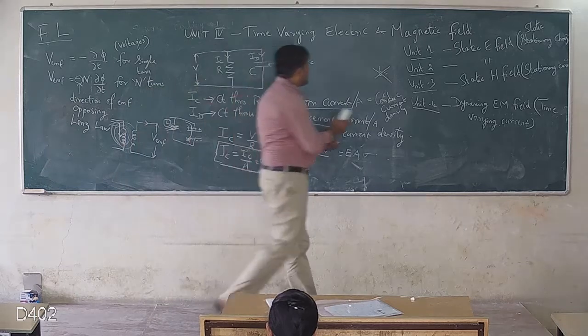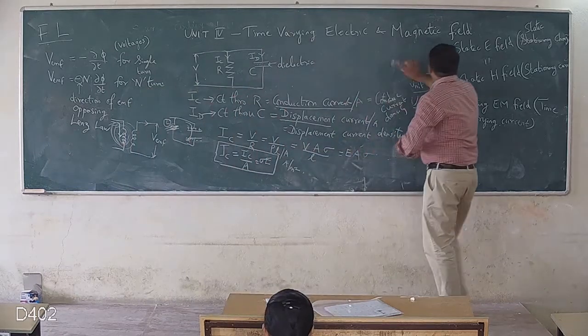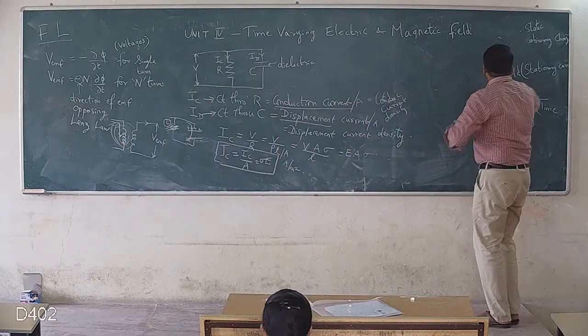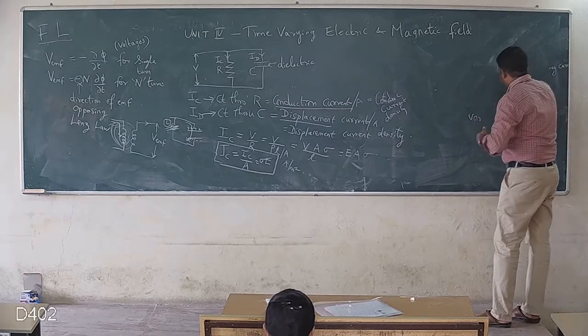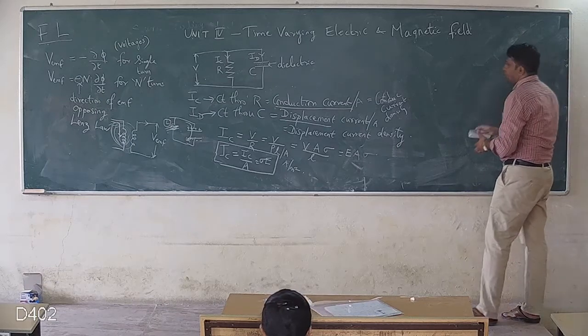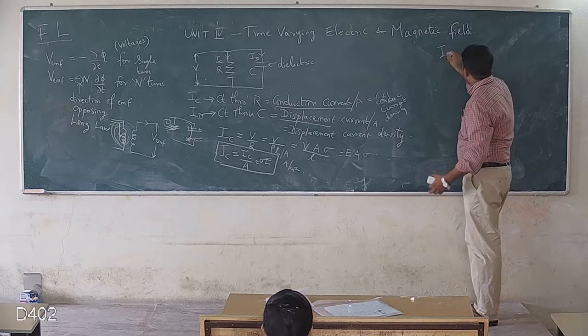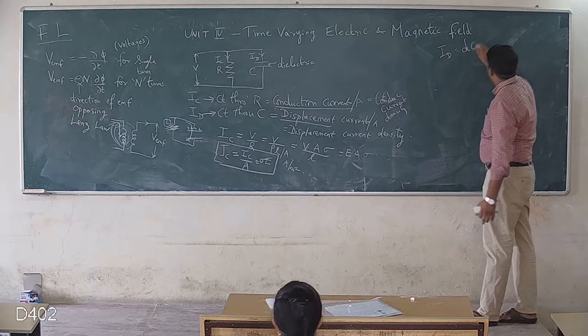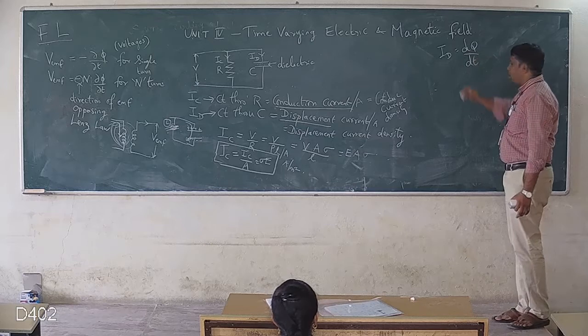For the second case, current flowing through a capacitor or a dielectric. For such a case, I know the current ID is equal to dq by dt, general equation.